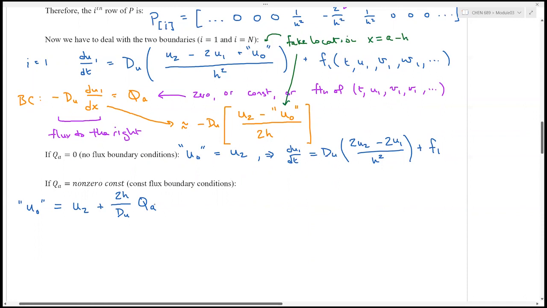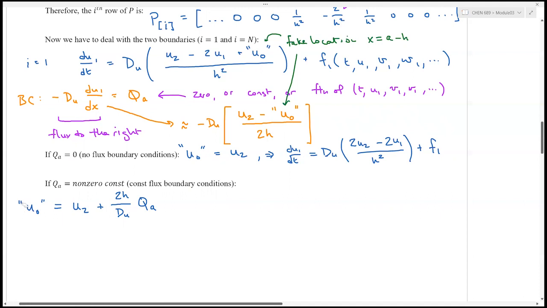So the difference between the previous example where it's no flux, and this example where it's constant flux, is that qa here is non-zero. So you can see that this non-zero constant is a more general case, right? The no flux boundary condition is a special case in which qa equals 0, so it just eliminates this term.